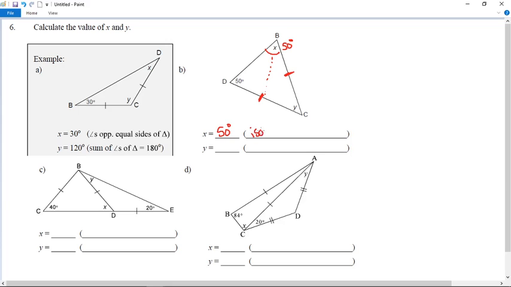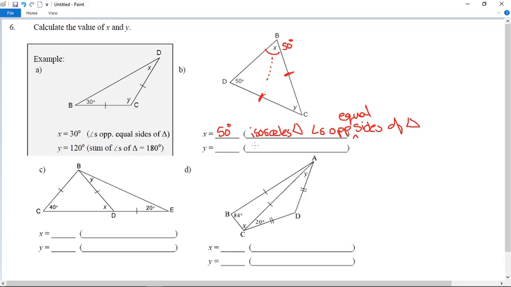And then we say isosceles triangle, and it is the angles on the opposite equal sides of the triangle.